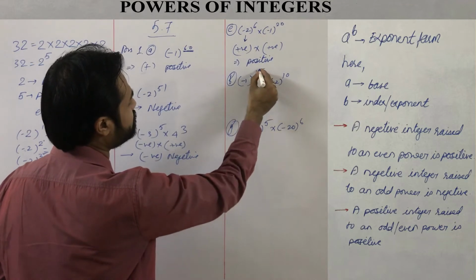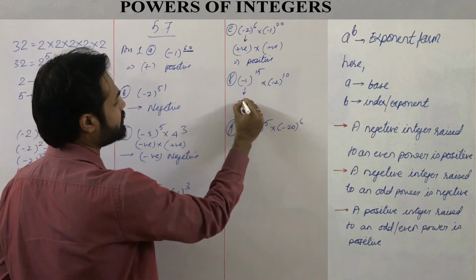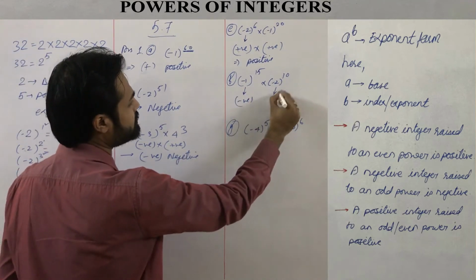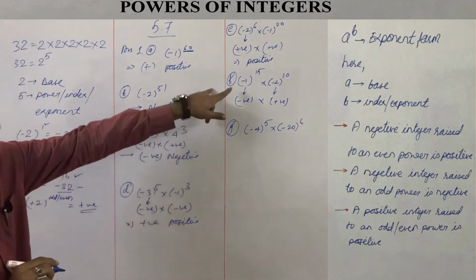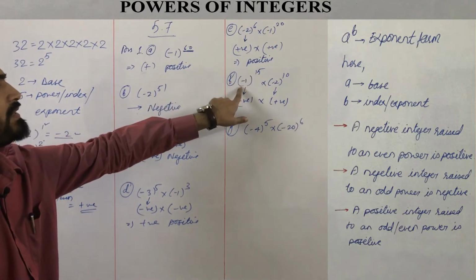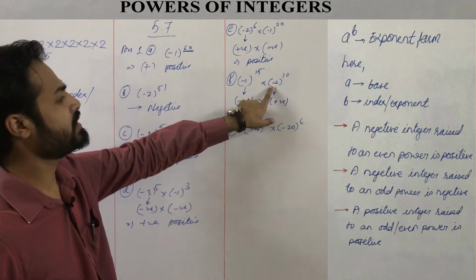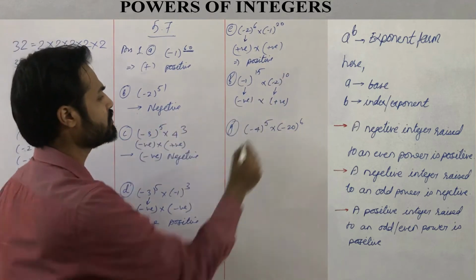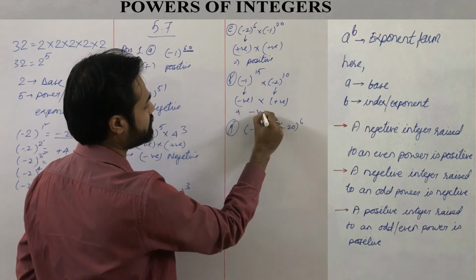Next, minus 1 to the power of 15 into minus 2 to the power of 10. So first is a negative number and second one is a positive number. Why? Because negative integer with odd power is negative, negative integer with even power is positive, and multiplication of negative and positive is negative.